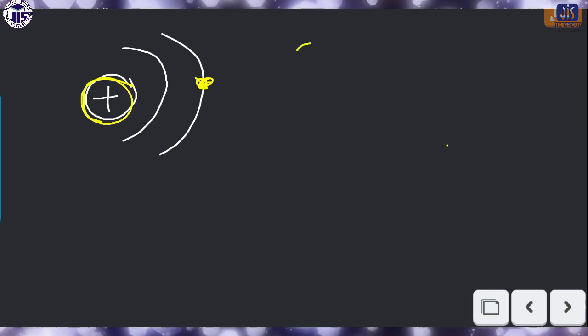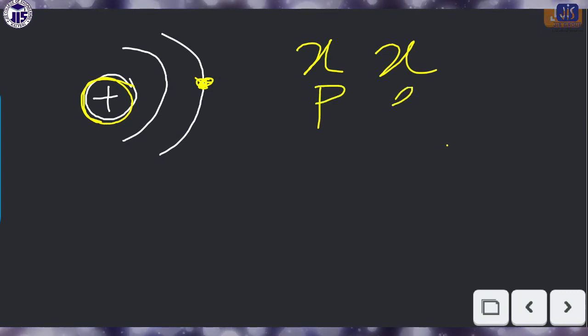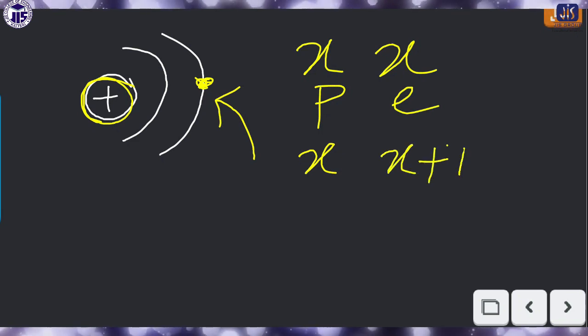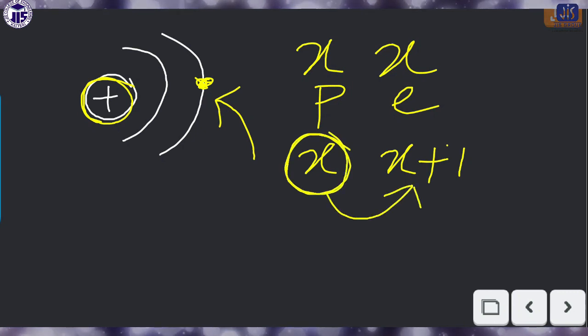For example, there are x protons and x electrons at the first stage. Now when we add one extra electron here, the proton number is the same, but the electron number will be x plus 1. So x protons are able to attract x plus 1 electrons. That's why the energy comes out from the system.